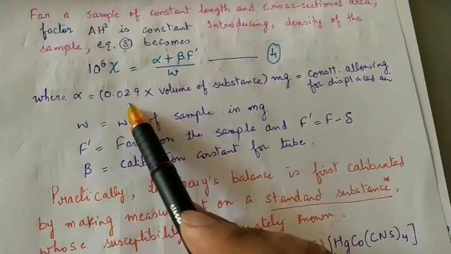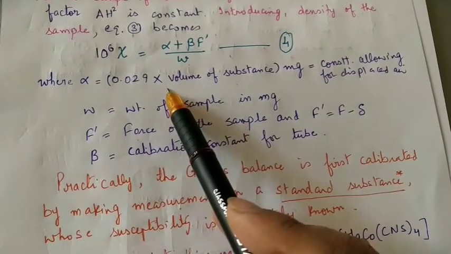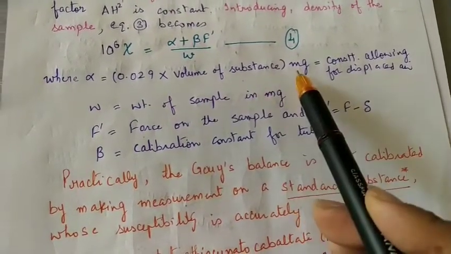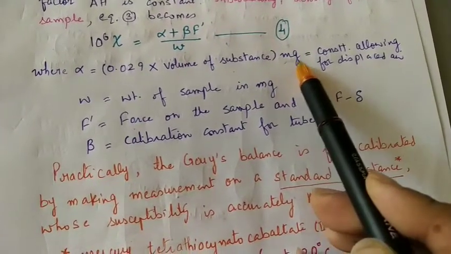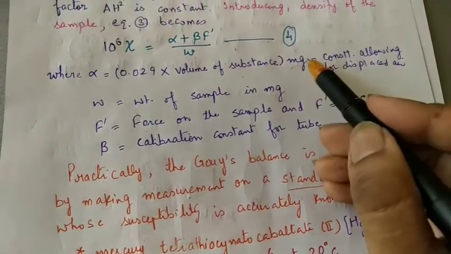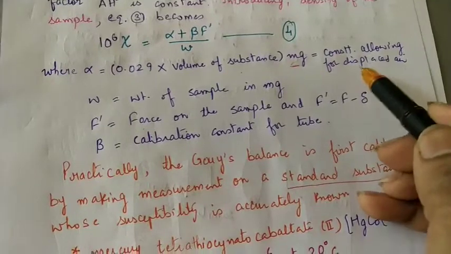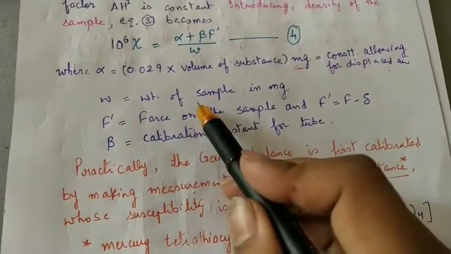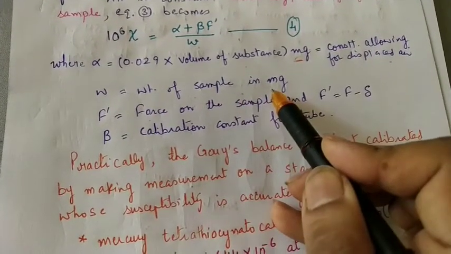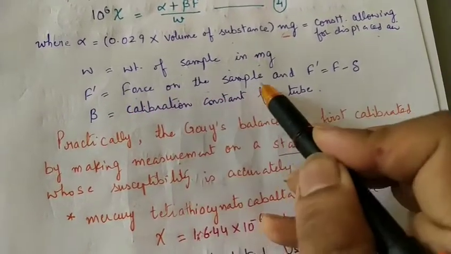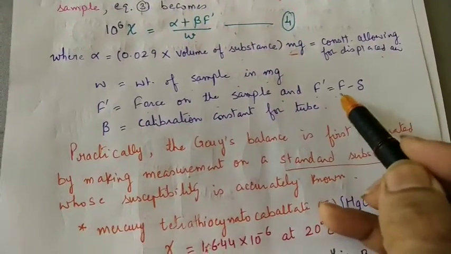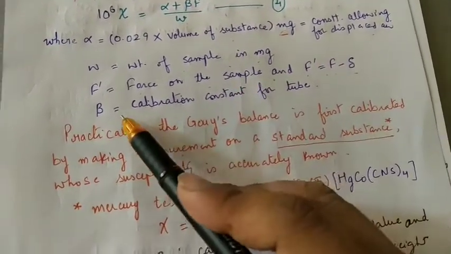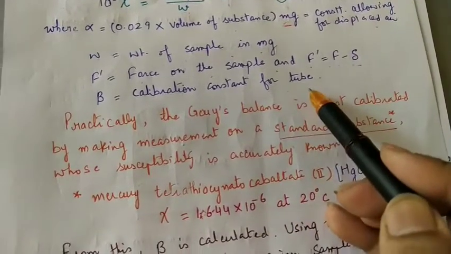Alpha is equal to 0.029 multiplied by the volume of substance, and it is measured in milligrams, so milligrams are the units. It is the constant allowing for displaced air. W is the weight of the sample, taken in milligrams. F dash is the force on the sample, and F dash is equal to F minus delta. Beta is the calibration constant for the tube.